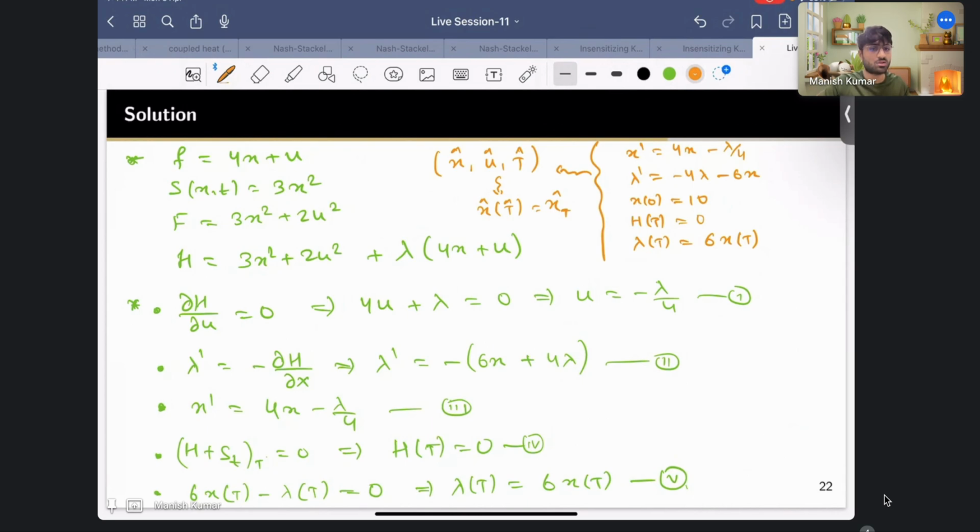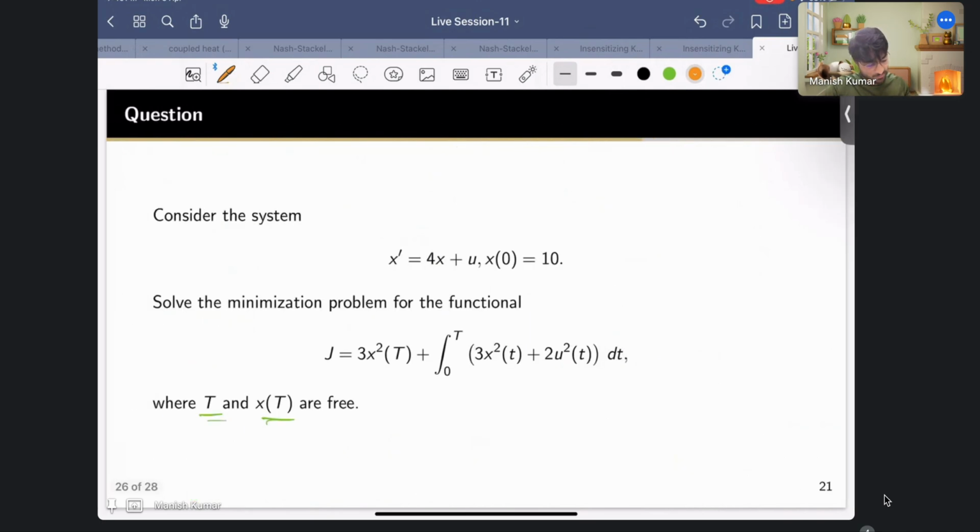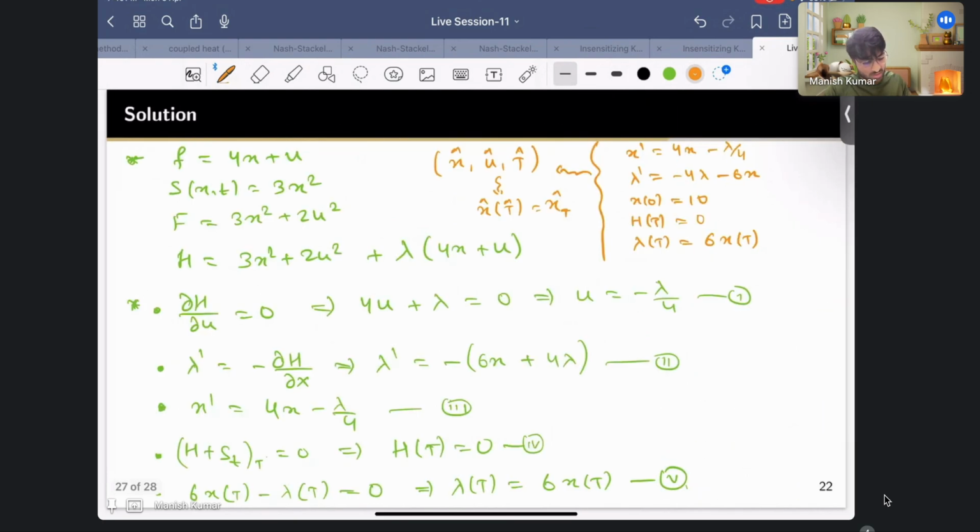If you substitute these things in the functional J, that will give you, you see here you have to evaluate x square at capital time T, which is this quantity x hat at T hat.